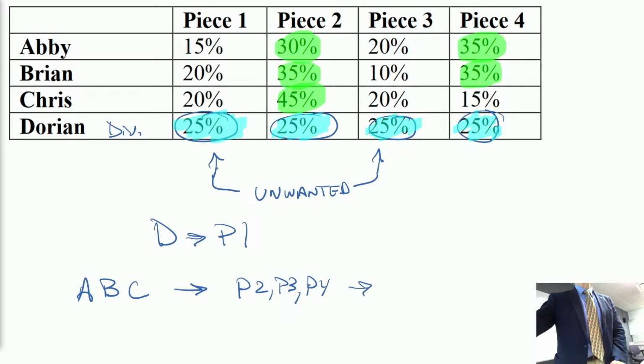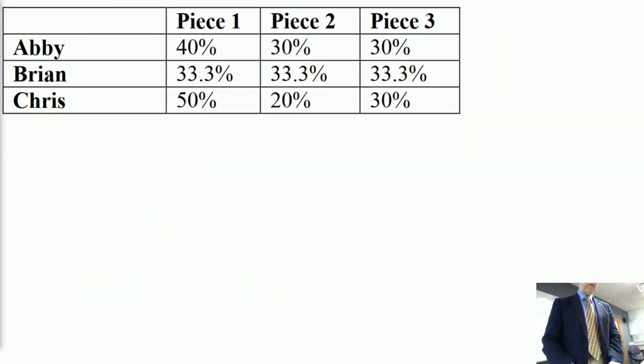And so after you've put those 3 pieces together, you might go through the process again, pick a new divider, and what you would get might be this table at the top of the second column. So notice now it's just Abby, Brian, and Chris. And so they've put the 3 pieces together, the piece 2, 3, and 4, and then they did the division again.